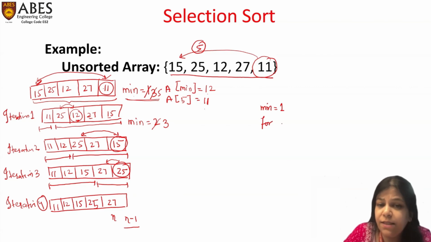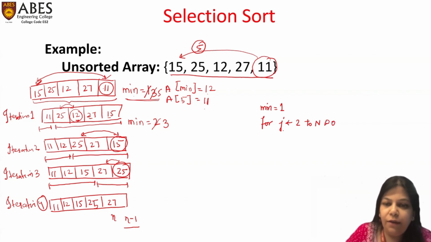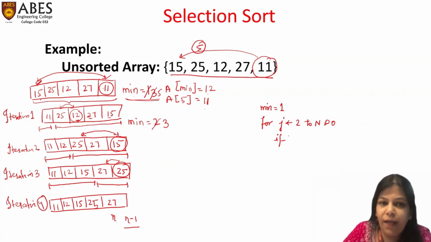So for j taking up the values from 2 to the last value, that is n, what have we done? We have compared the minimum value with aj, right? We have compared it with a2, a3, a4, and a5.